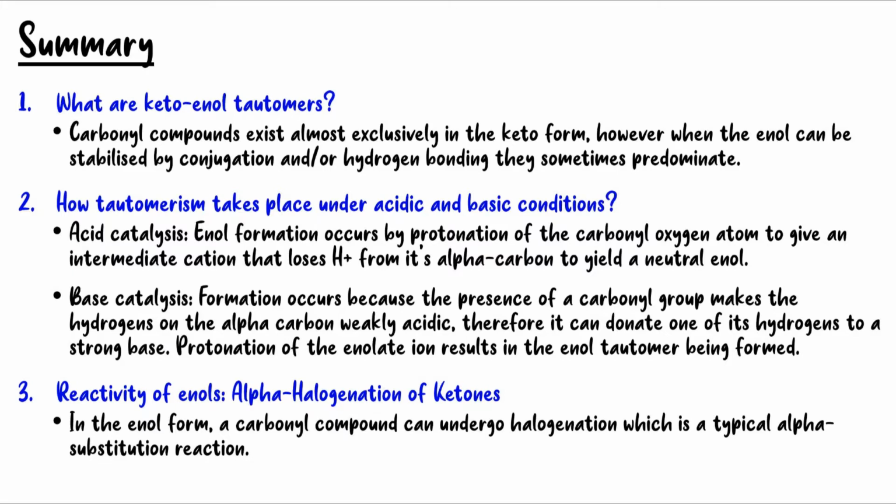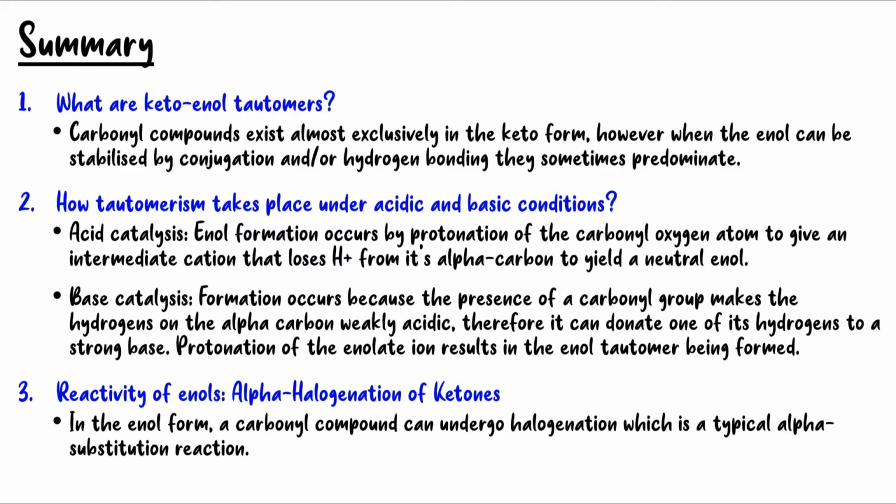We've then seen how tautomerism can take place under acidic and basic conditions. So in the presence of an acid catalyst, enol formation occurs firstly by protonation of the carbonyl oxygen atom, which gives us an intermediate cation, and this cation then loses a hydrogen atom from its alpha carbon to give a neutral enol.